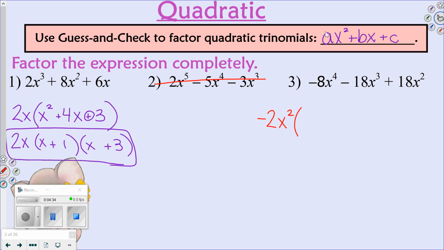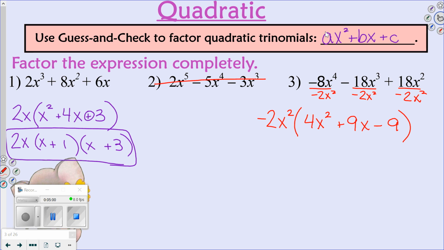Yeah, and if the first one's negative, make sure we take out that negative. Again, I'm going to write this under here. I know I normally don't, but I want to make sure we're seeing our signs. Because when you take out that negative, all your signs change. So what are we left with here? 4x squared, positive 4x squared, and then, good, plus 9x minus 9.